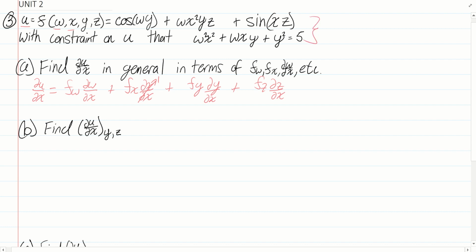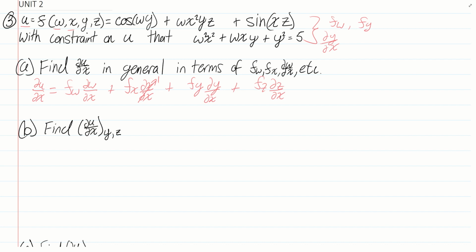So you use your function to find terms like fw, fy, and then you use your constraint to find terms like partial of y with respect to x and stuff like that. So in this case, we're holding y and z constant.